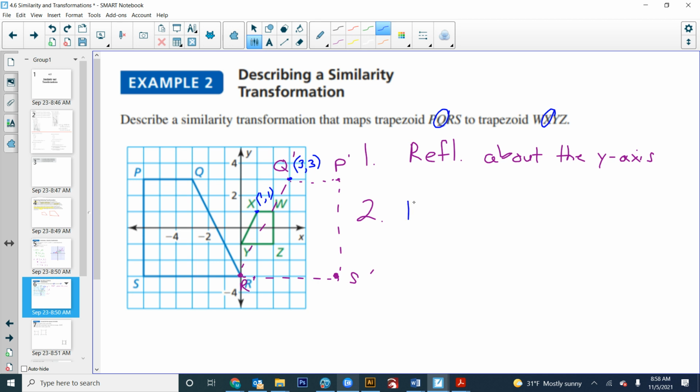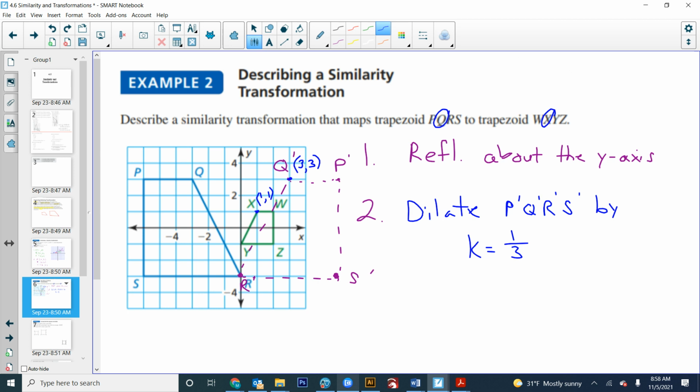So dilate P prime Q prime R prime S prime by K equals 1/3. Or you could have said a scale factor of 1/3. Both of those are correct.